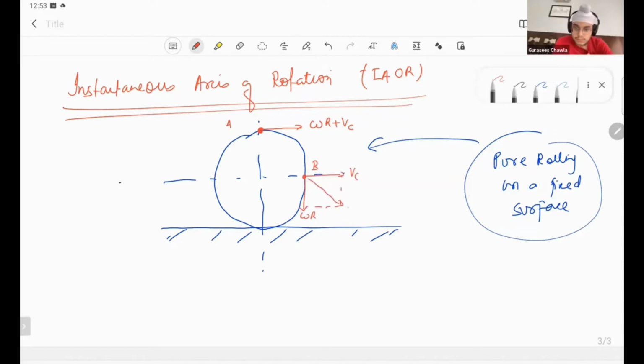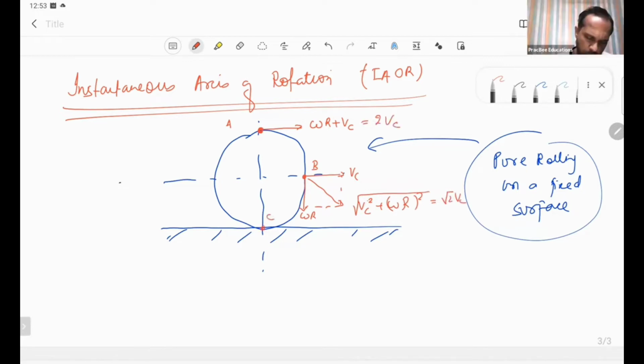So the velocity will be the square root of (v_cm squared plus (omega r) squared), which is root 2 times v_cm. If I take point C, the velocity of point C is 0. If I take another point D, which is the center, the velocity of D is equal to v_cm.